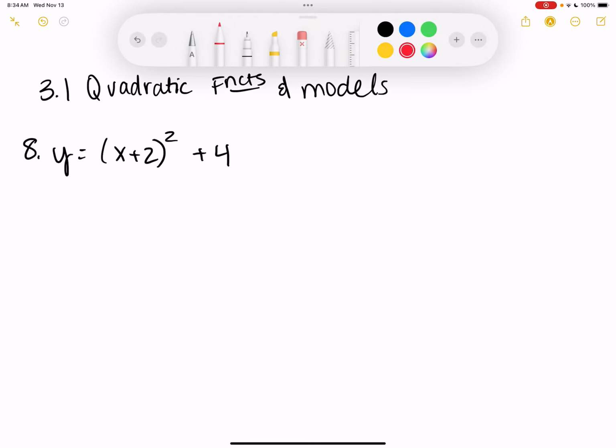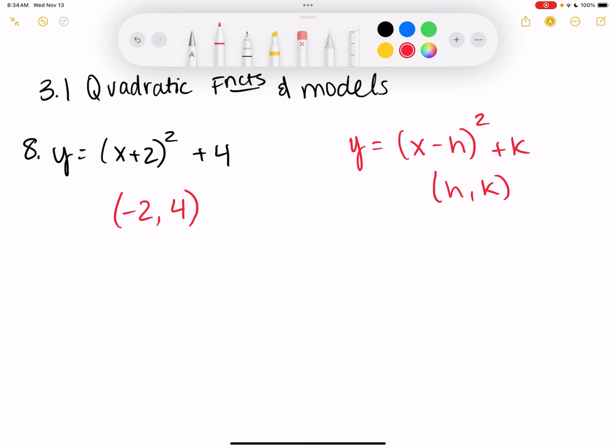The general form would be y equals x minus h squared plus k, and the vertex is at (h, k). So opposite sign of what's in here, same sign of what's out here. This one is a plus 2, so I need the opposite sign, so the x value would be negative 2. And then k is the same sign, so plus 4, a positive 4. So this is the vertex.